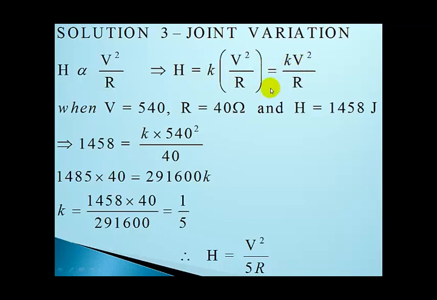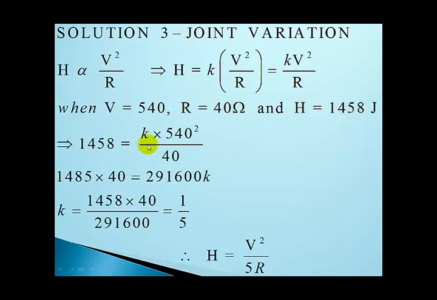Now from the question, when the voltage is 540, the resistance equals 40 and the heat equals 1458. So by substitution, wherever we see V, we substitute it by 540. Wherever we see R, we substitute it by 40. And wherever we see H, that is the heat, we substitute it by 1458.